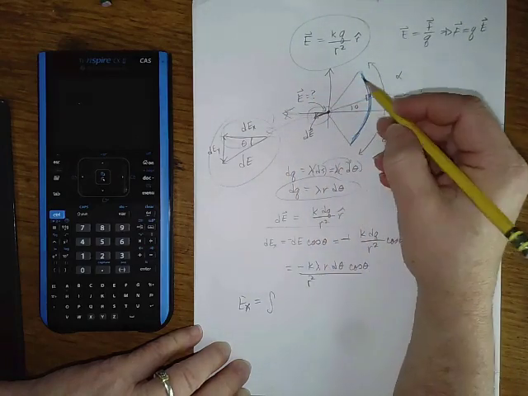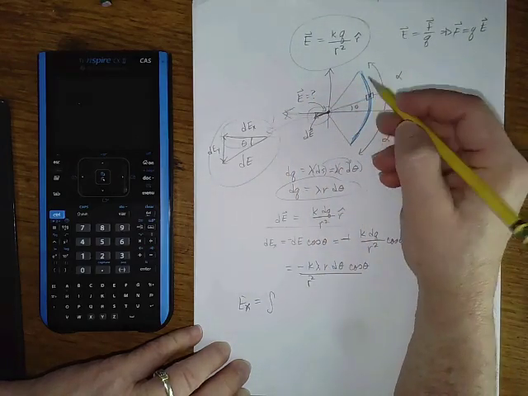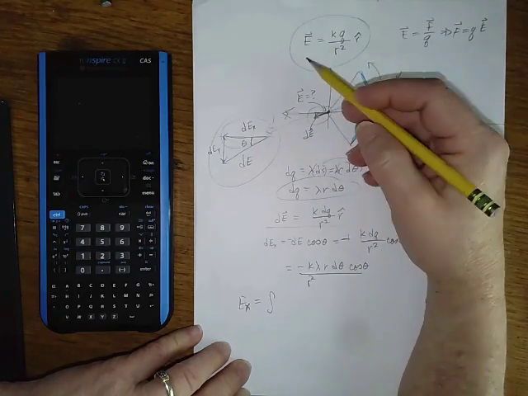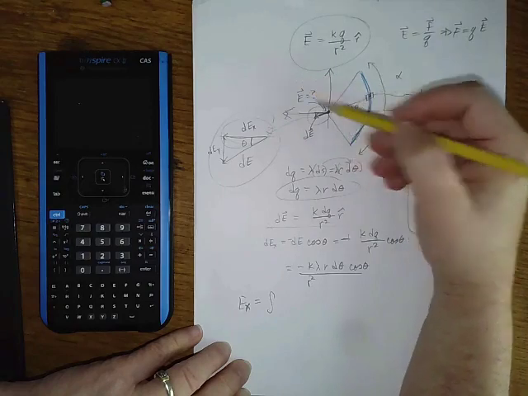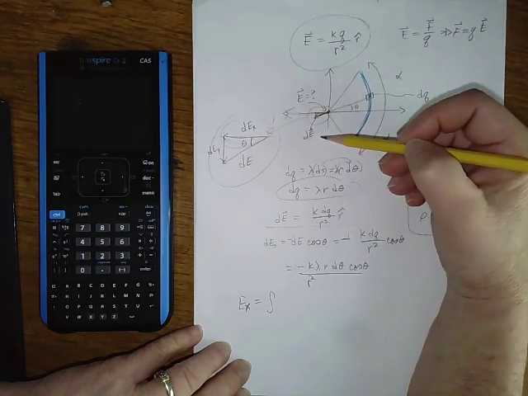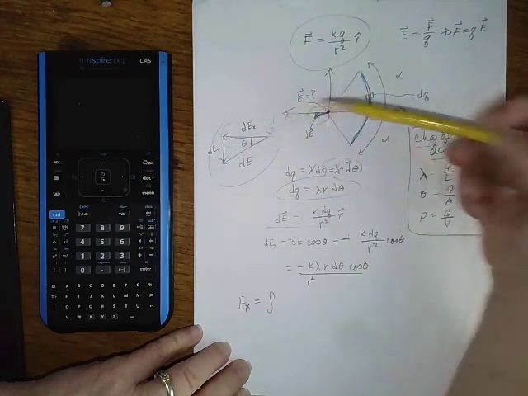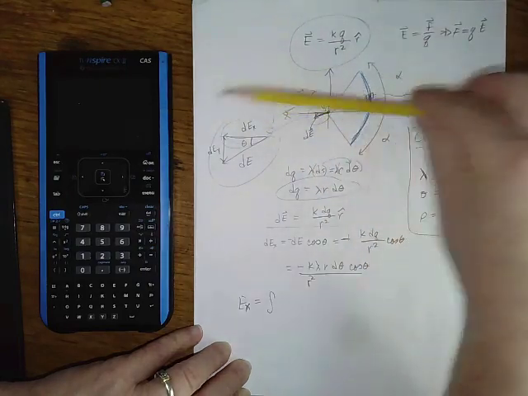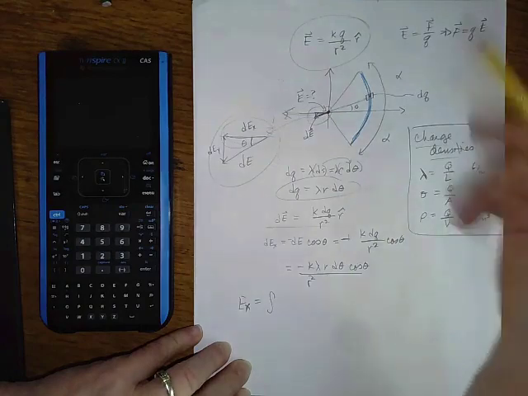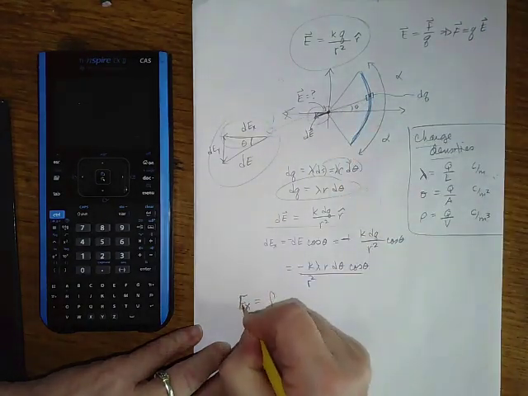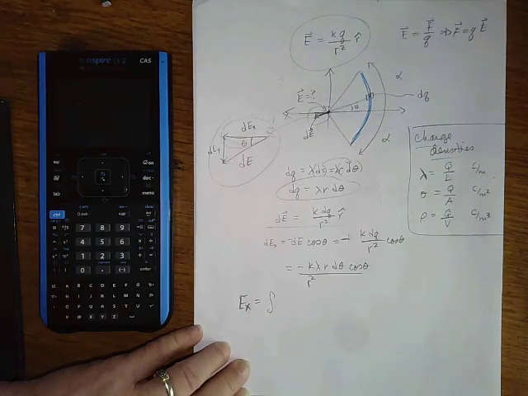Just looking at the symmetry, half of the y's are above pointing down, and half of the y's are below pointing up. So the y's look like they'll cancel out. So the total answer looks like it's going to be the x, right? All the x's are pointing to the left in the negative x direction, and so just looking at it, you would think Ex is going to be the whole answer, but we'll go ahead and check.